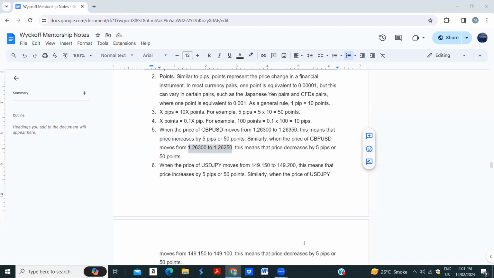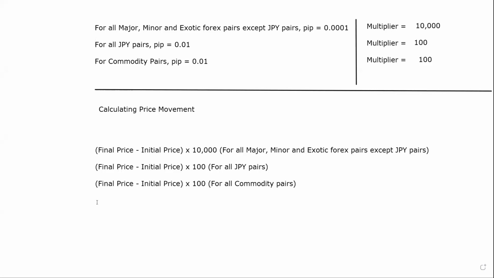So how are we going to do that? I will go back to my whiteboard and paste my figure here. This is for GBP USD. We already know that. Obviously, which formula will be applied? This formula will be applied because this is GBP USD.